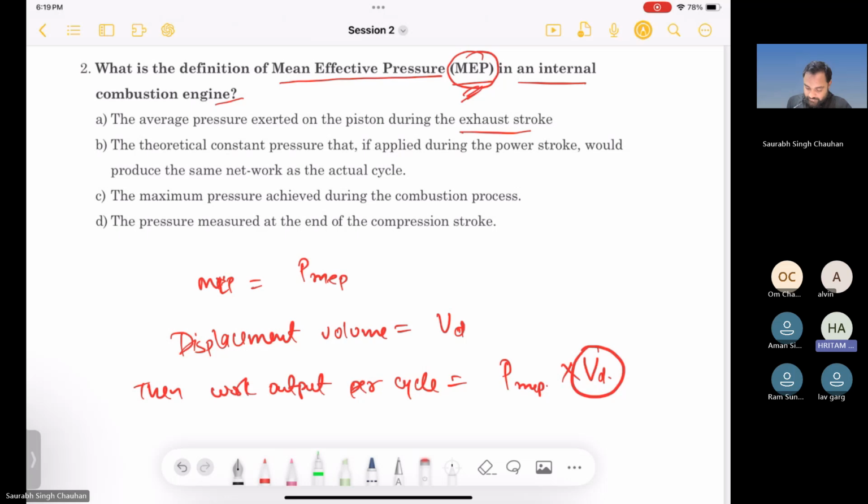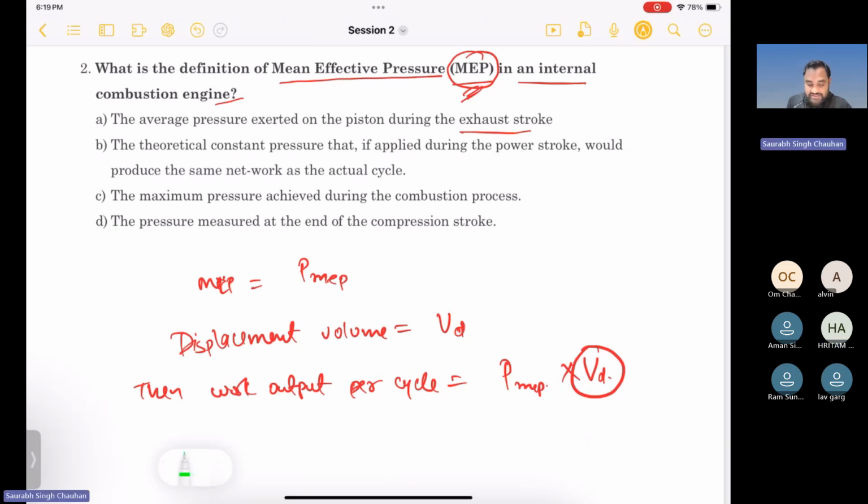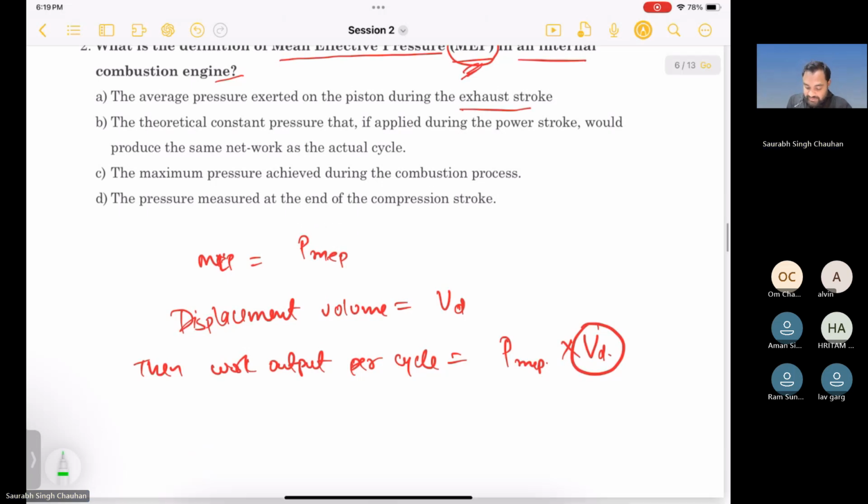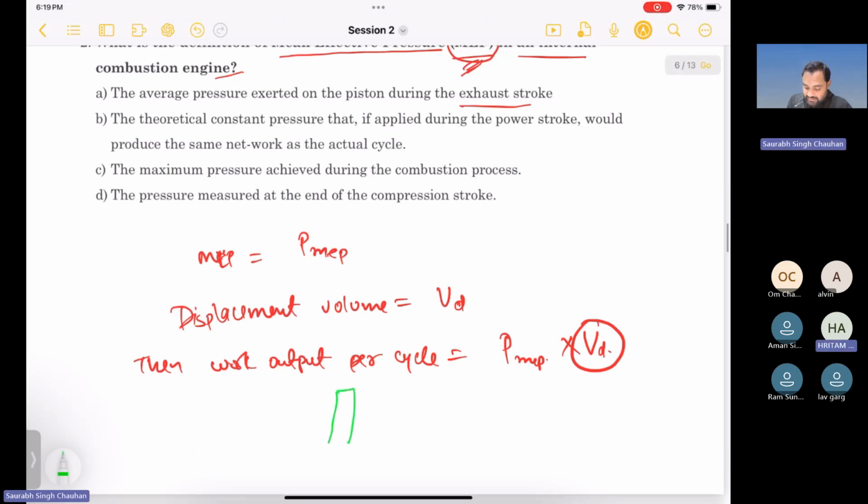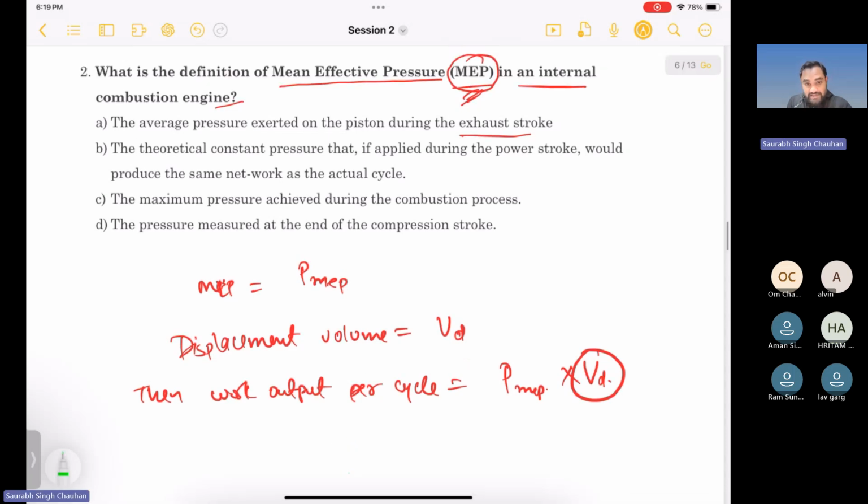Cubic centimeter, and cubic centimeter is the unit of volume. So which volume is that? Yes, that is the swept volume. So that is not equal to your cylinder volume. That is swept volume.